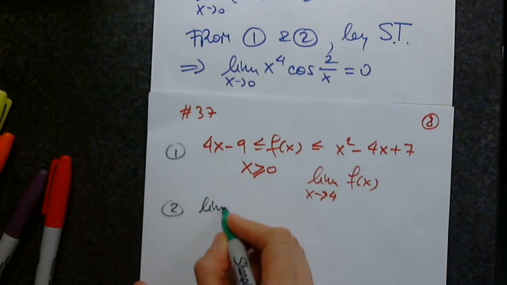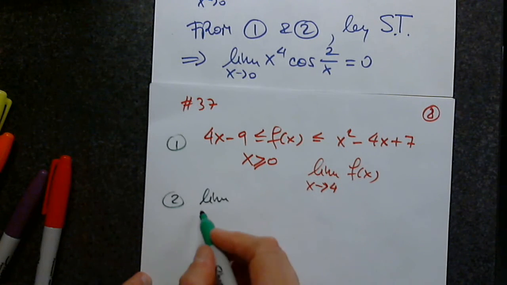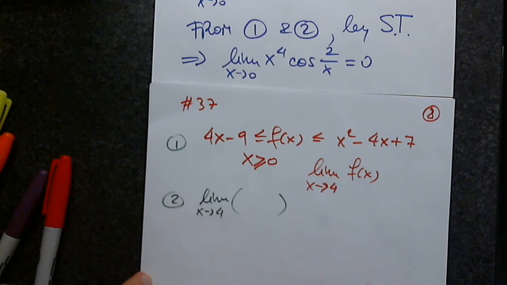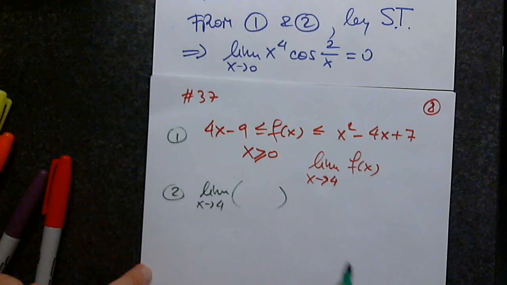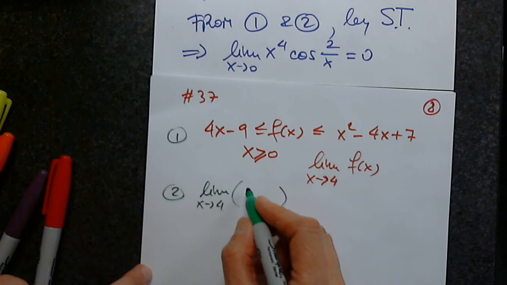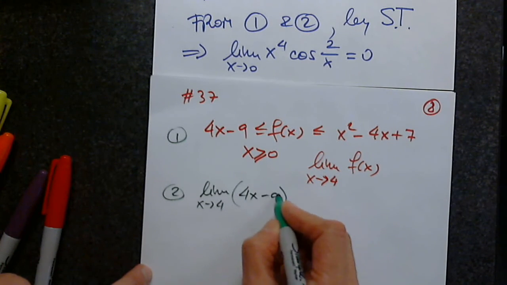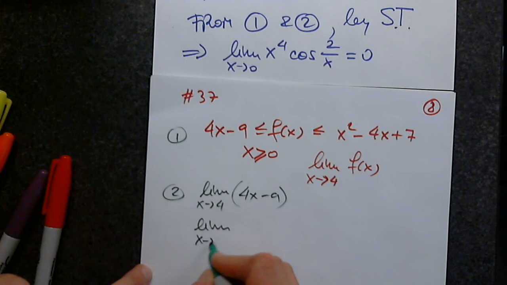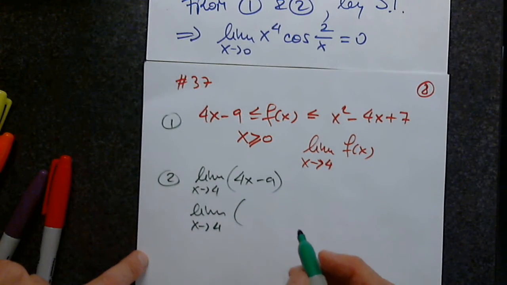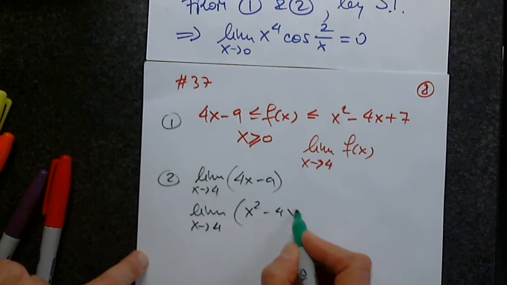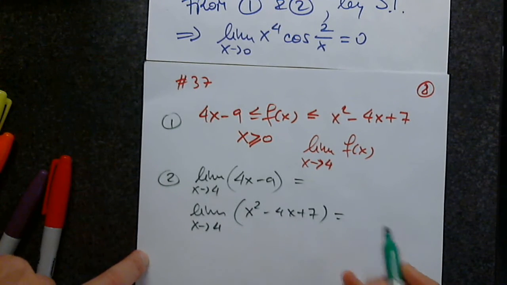What do I have to show? I have to show that the limit as x approaches 4 from the left and from the right of 4x minus 9, as well as the limit of x squared minus 4x plus 7, both exist.